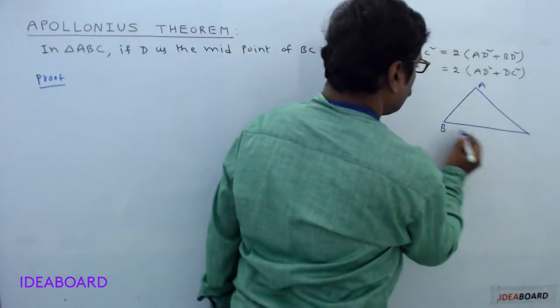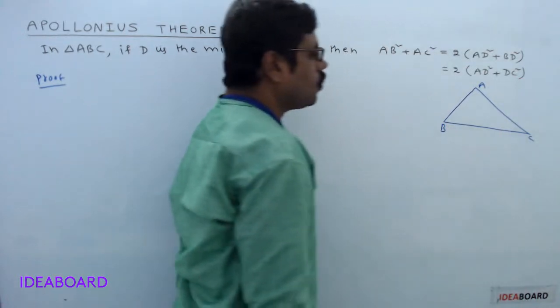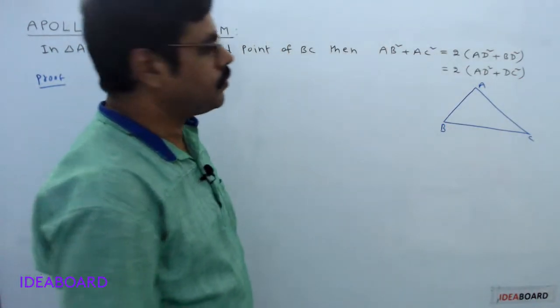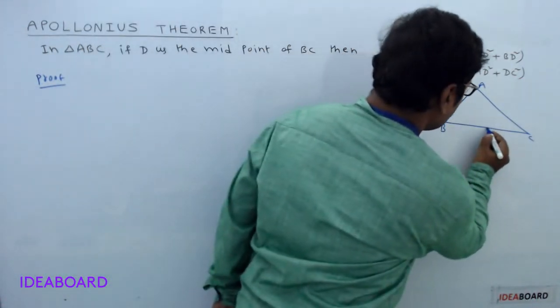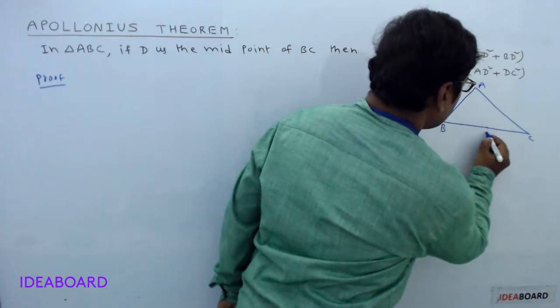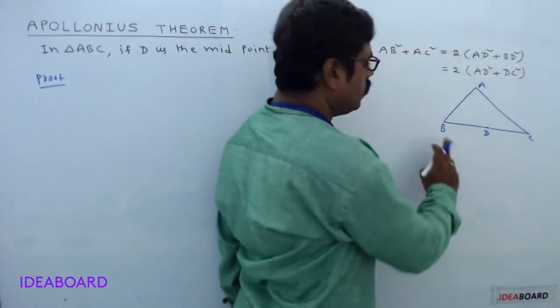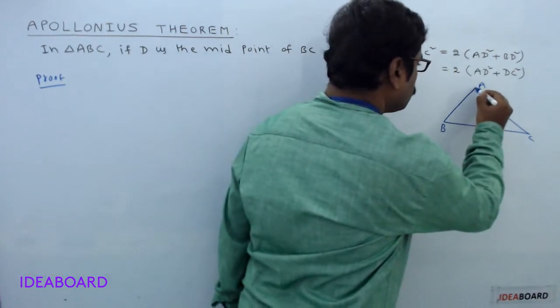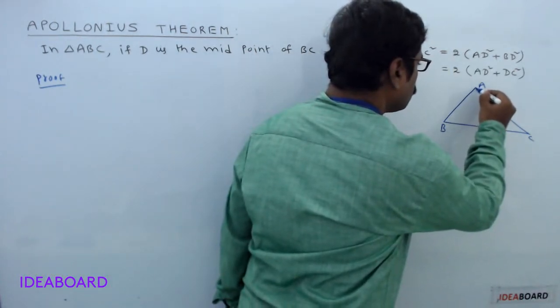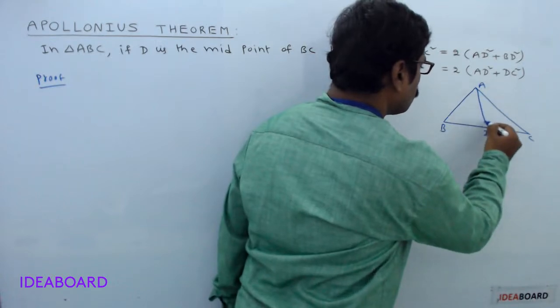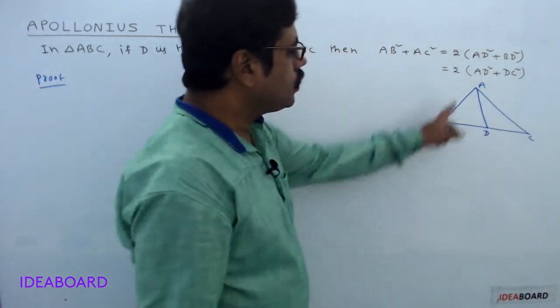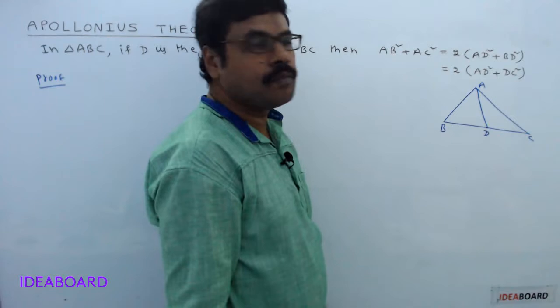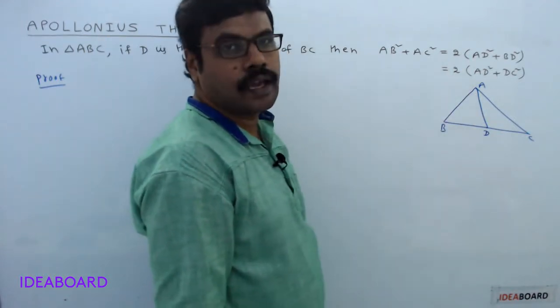A, B, C are the vertices of the triangle. Suppose D is the midpoint of the side BC. Now join the points A and D. Now AD is the median passing through the vertex A.